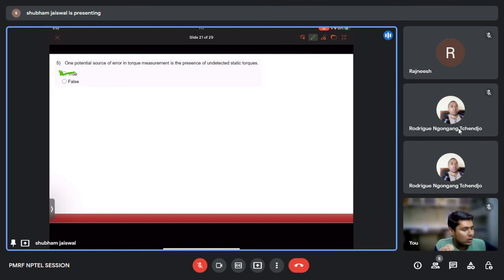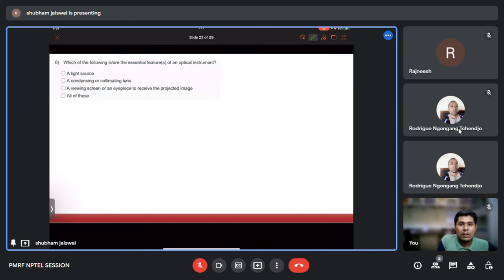So moving to our last question for today. Which of the following are the essential features of an optical instrument? A light source, a condensing or collimating lens, a viewing screen, or an eyepiece to receive the projected image.